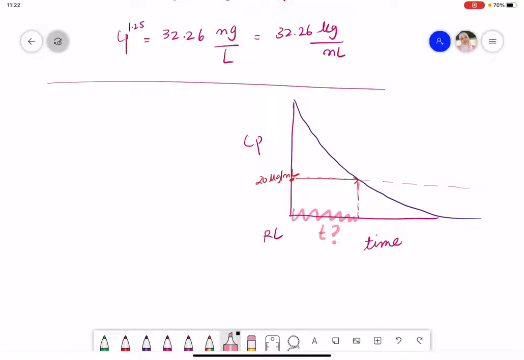The only thing that you need to take into consideration is that the dose was different. So X naught is our third different dose, 275 milligram. So we need to correct for the dose that is given. Your CB naught would be different, which is X naught 3 over VD.